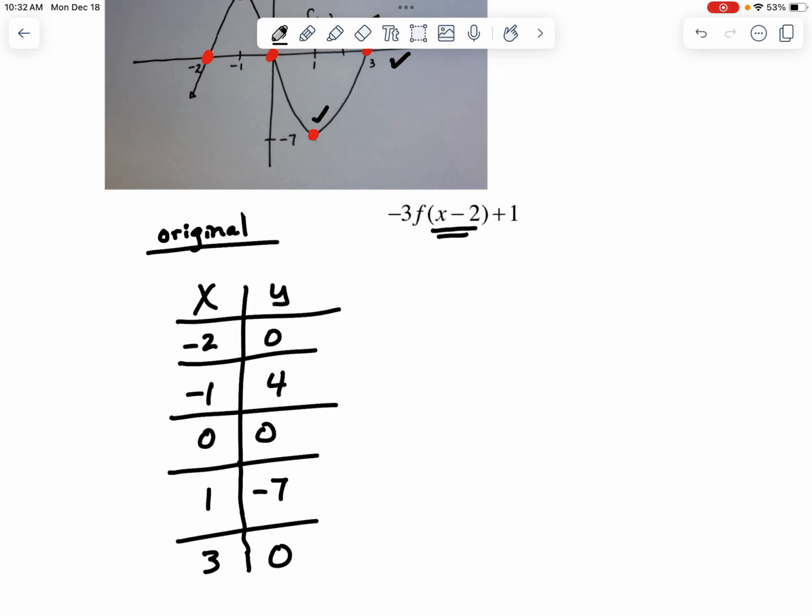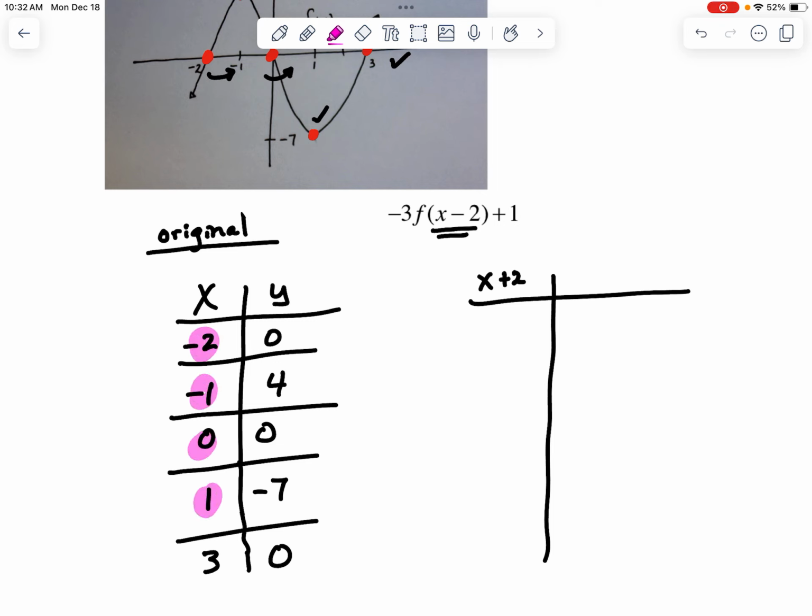So all of the X values have to move to the right. So that means add 2. So instead of X, it's going to be X plus 2. So for each X value, you just add 2 to each one of those.